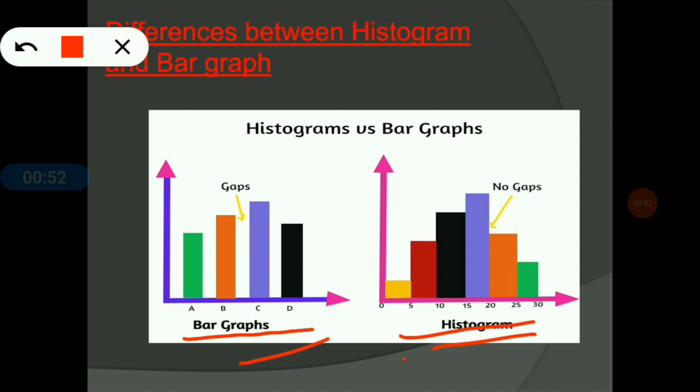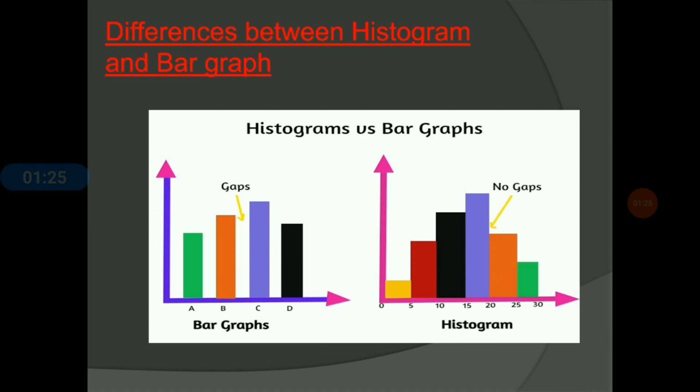The rectangular bars in the histogram cannot be reordered, and the width of the bars need not be the same. In a histogram, bars touch each other and there is no space. But in the bar diagram, bars do not touch each other and there is a specific space. Clear?